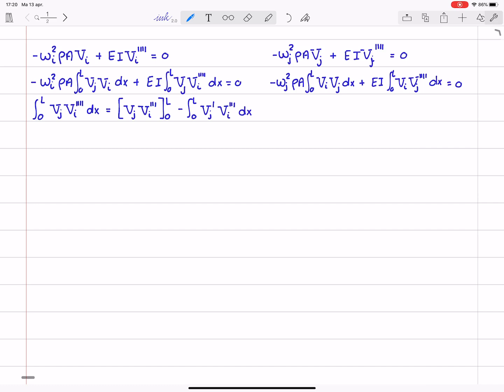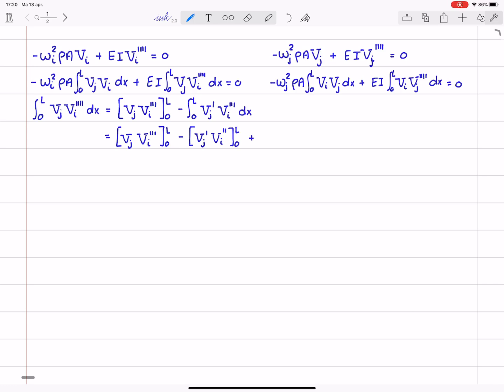So that means that we write this as well. This first term is maintained, Vj Vi third derivative at boundaries. And then we have minus Vj first derivative, Vi second derivative at the boundaries.